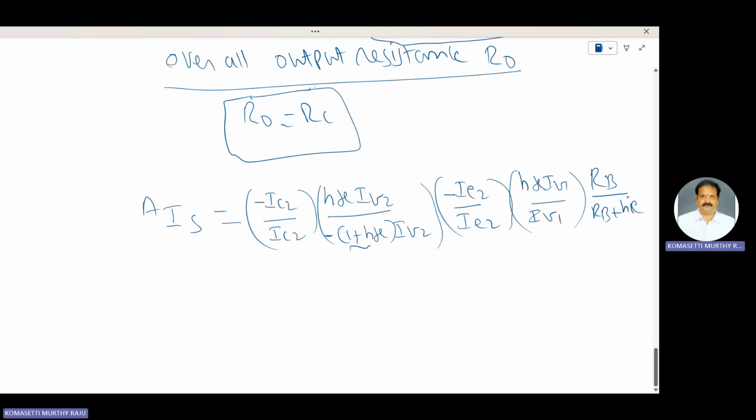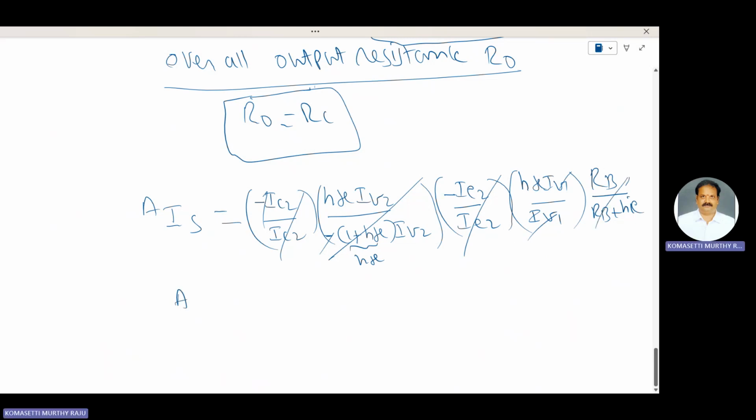1 plus HFE is approximately equal to HFE. The minus signs cancel, these two are cancelled, IB1 is cancelled. RB is greater than HIE, so this is also cancelled.